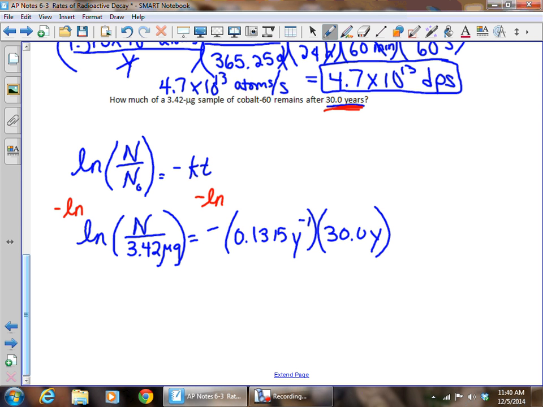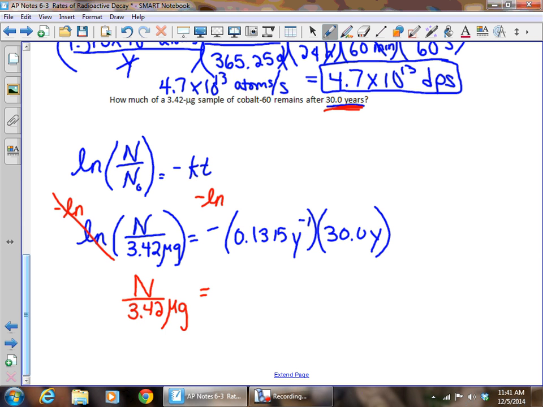So we take e to the x, inverse ln, of both sides. What that does on the left side is get rid of natural log. So we end up on this side with N over 3.42 micrograms. And on the other side, just push second ln of this quantity of 0.1315 times 30.